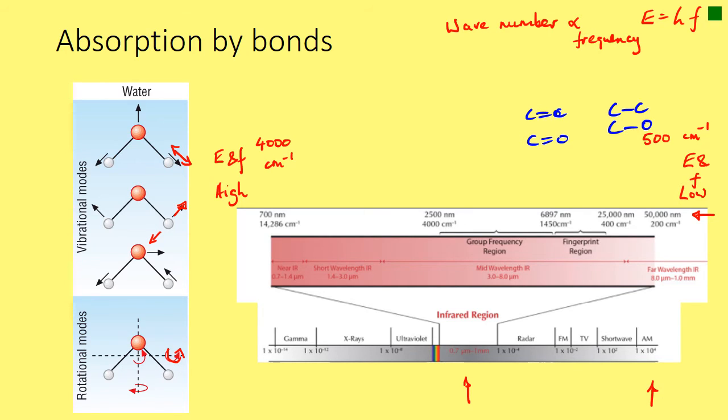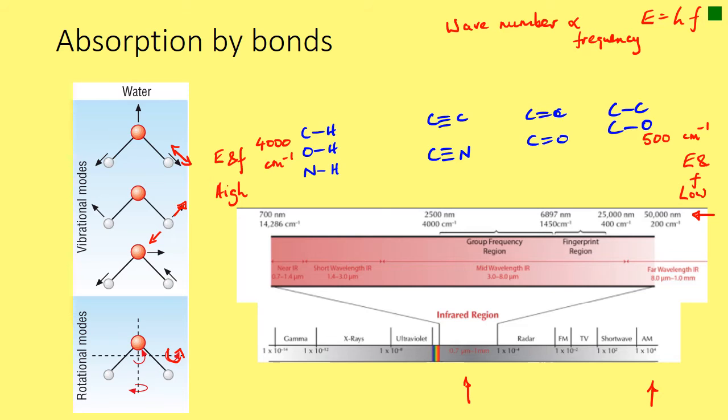And triple bonds are in the middle, so you might have a carbon-carbon triple bond in the alkynes, or as in the nitriles, you've got a carbon-nitrogen triple bond. And then we've got single bonds up at the high wave number part of the spectrum: carbon-hydrogen, oxygen-hydrogen, and nitrogen-hydrogen.